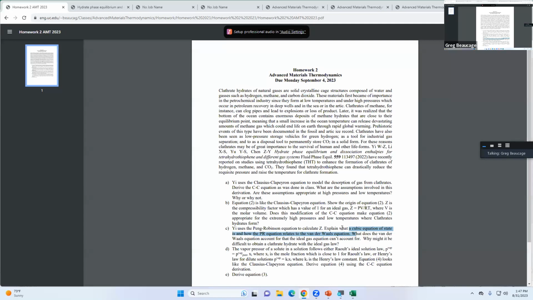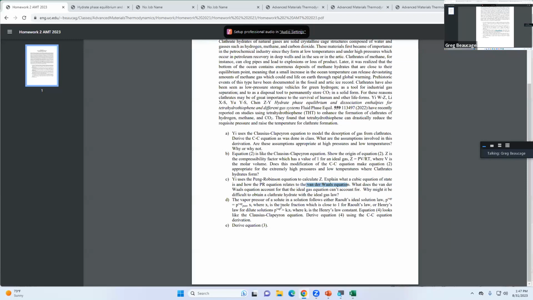So besides the 50 that exist in books, there's probably another couple hundred that people use. Anyway, the Peng-Robinson one is one that everybody uses. You'll see it in a lot of papers. And the van der Waals is the one that you can make sense of.